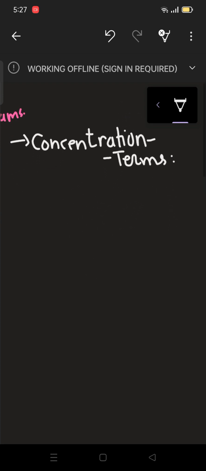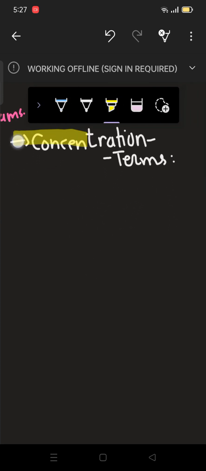Now see, we are going to divide these concentration terms in two categories so that it will become easy for us to learn and comprehend this, that what properties would be there on which temperature will affect and what would be there on which temperature will not affect.